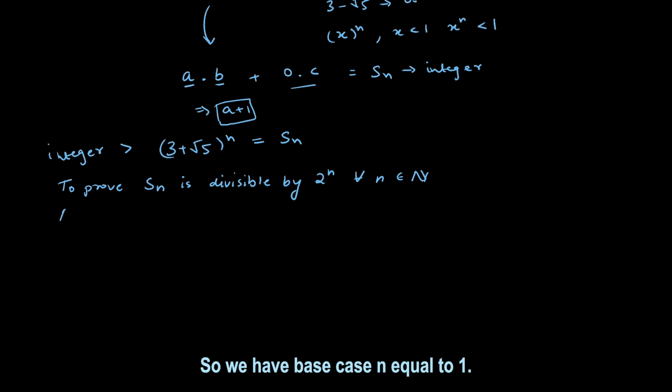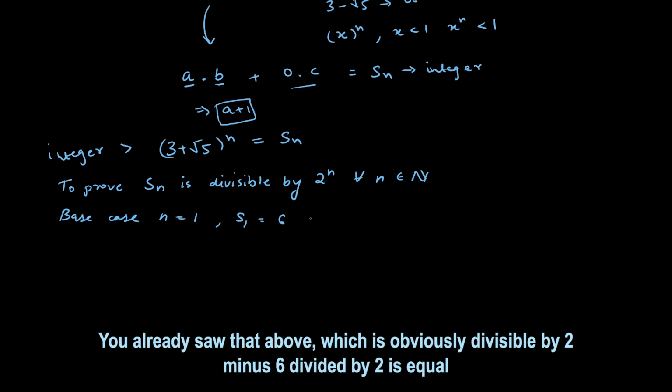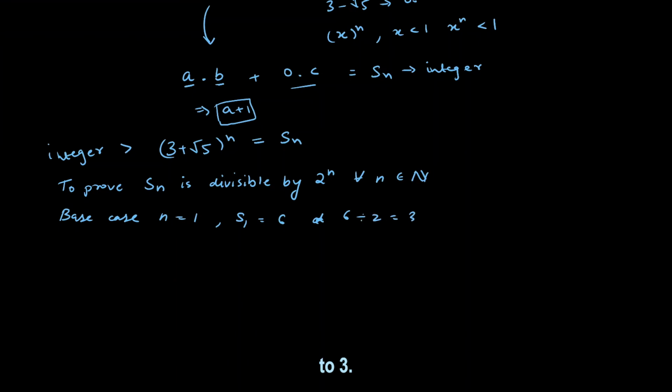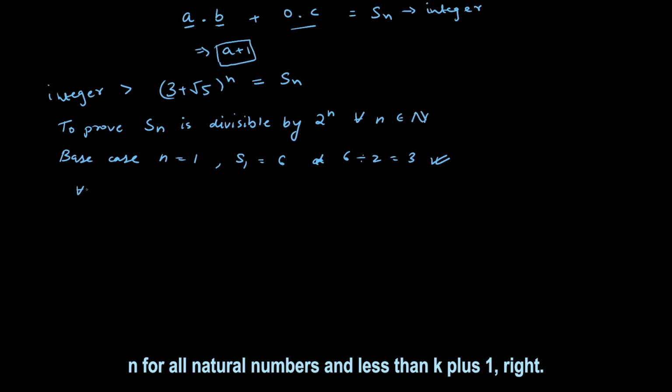So we'll again prove this by induction. So we have base case n equal to 1. We have S1 is equal to 6. We already saw that above, which is obviously divisible by 2, as 6 divided by 2 is equal to 3. So this is obviously correct, right? Now for the induction hypothesis, let's just say that Sn is divisible by 2 to the power n for all natural numbers n less than k plus 1, right?